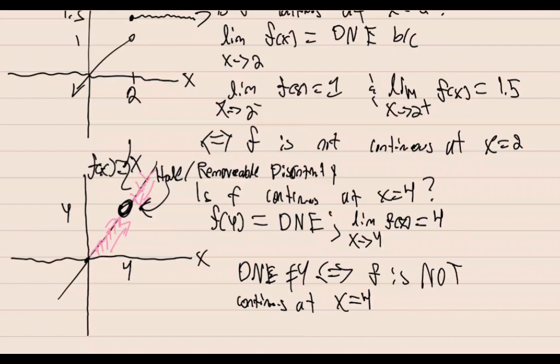Actually, I need to fix this definition of the function. It wasn't actually f of x equals x. It was f of x is equal to x for all real numbers except for 4, my bad.